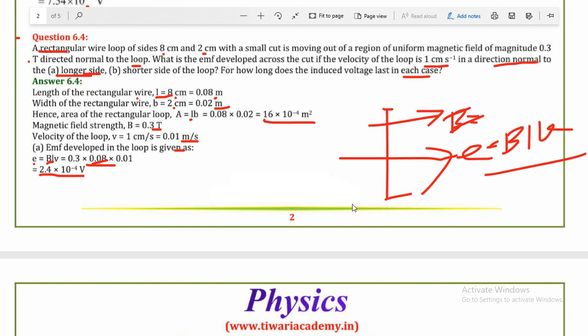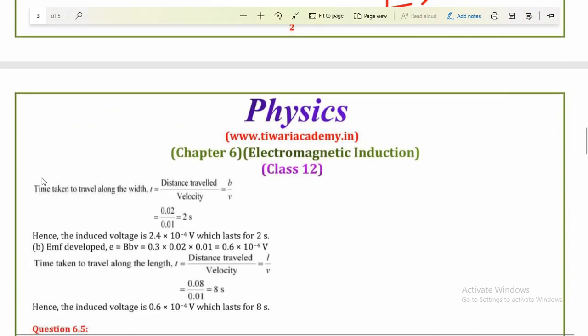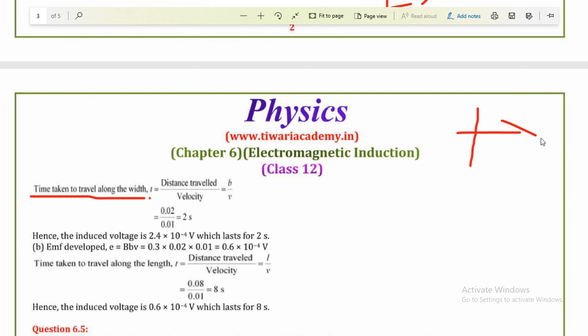Okay, now you can find out the time taken. So time taken to travel along this distance is T. Because you can see this side is perpendicular, you must use this side, that is the width of the loop. So distance traveled by B upon V. So B is equal to 0.02 and the velocity is 0.01.